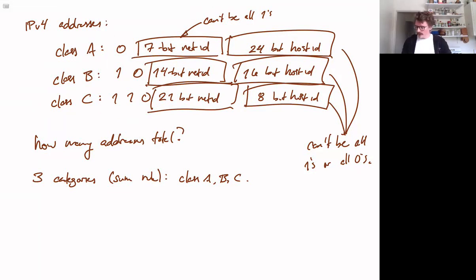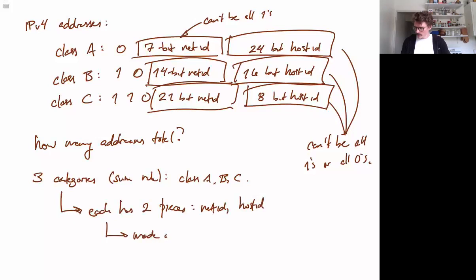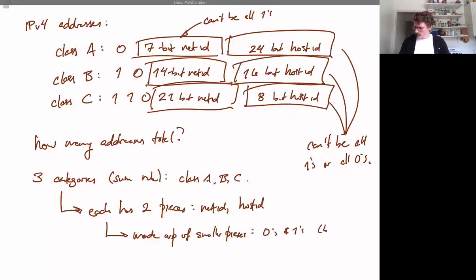Okay, and then in each class, each has 2 pieces, which are the net ID and the host ID. And each of these is made up of smaller pieces, which are binary digits, which are, of course, bits.